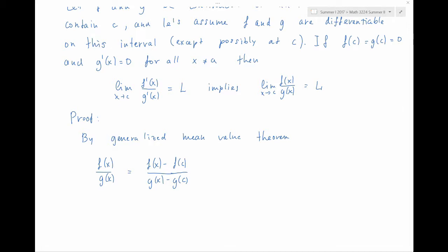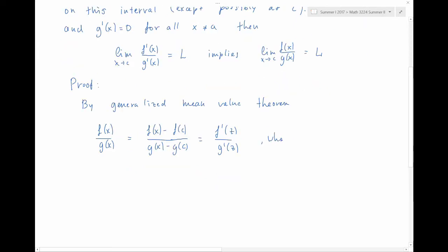Yes, it's true because f of c and g of c are both 0, so adding or subtracting f of c doesn't change the equation. And the generalized mean value theorem says that there exists a point, let's call this point z, such that this is equal to f prime of z over g prime of z, where z is between x and c.